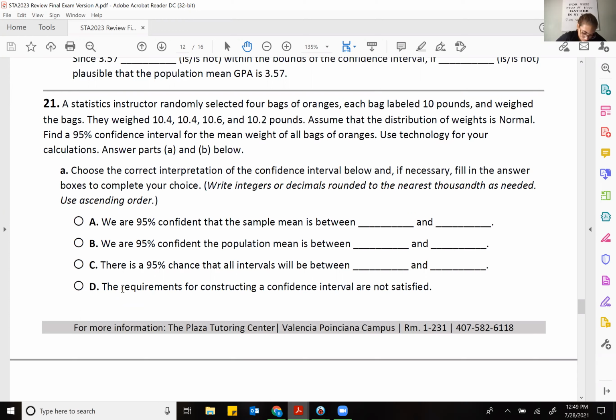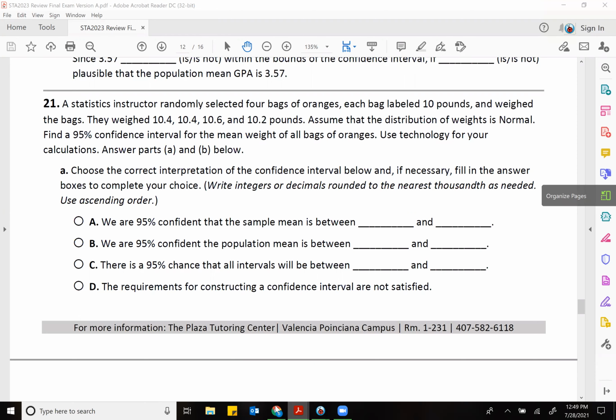I don't know if this is right, but I had 10.140 and 10.660 because it's rounded. Okay. So 10.660. Anyone want to agree or disagree? I agree. I agree too.